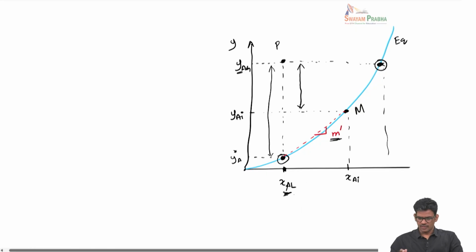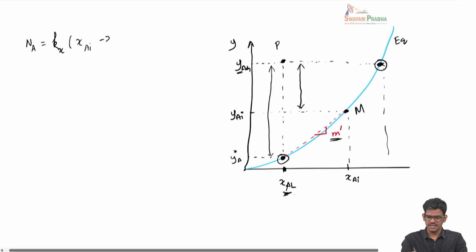Now what we have just done with regard to the gas phase mass transfer coefficient and driving force, we can do the same thing for the liquid phase also. We can write the flux based on the liquid phase composition, NA, using the local mass transfer coefficient small kx, based on the driving force XAI minus XAL.